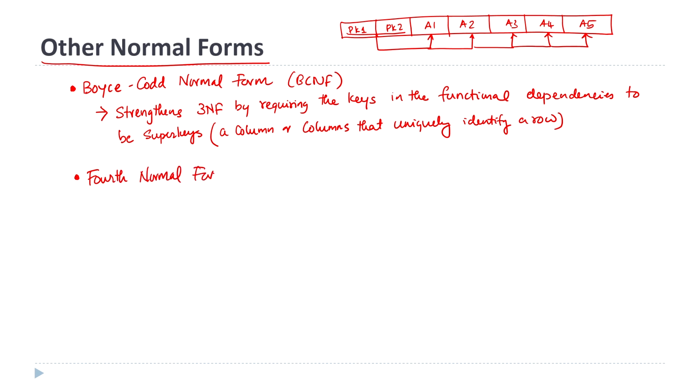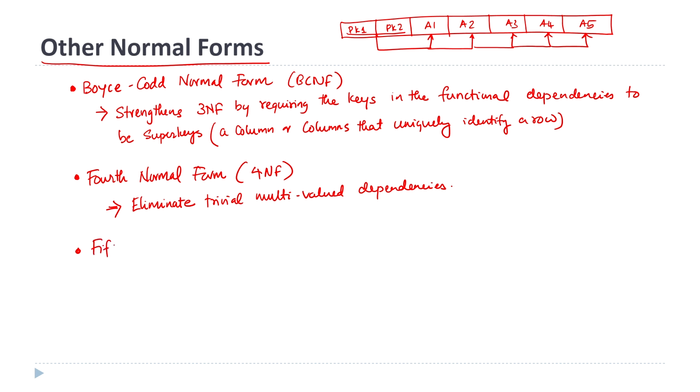Then what we call the fourth normal form, people call it 4NF. The main aim of this is to eliminate trivial multi-valued dependencies. These things we will discuss more in the remaining lectures, because these are outside the scope of this introductory class.